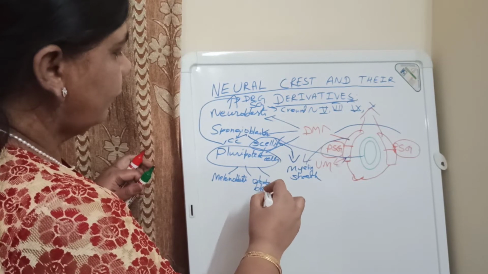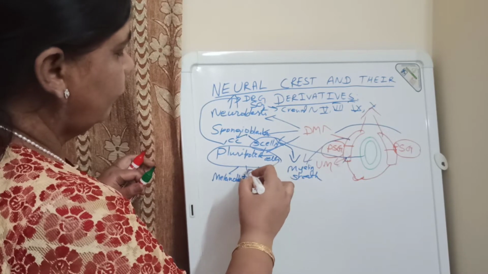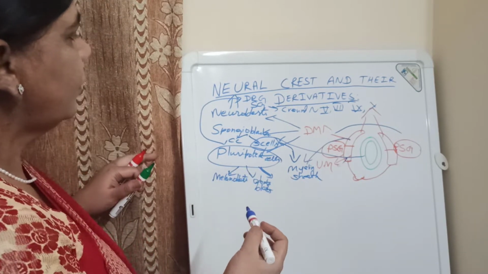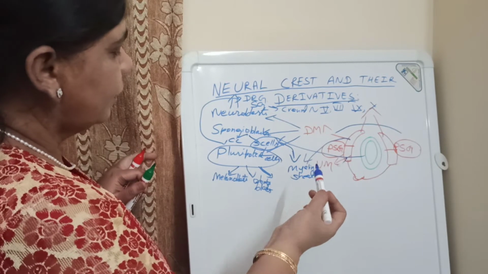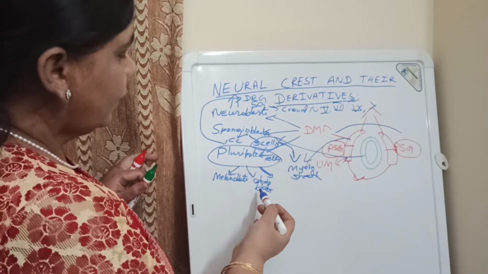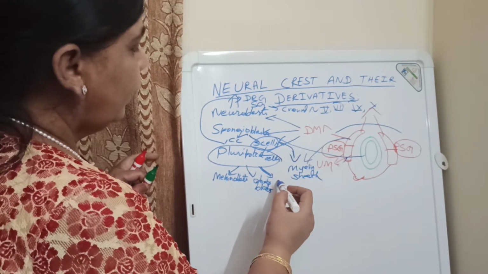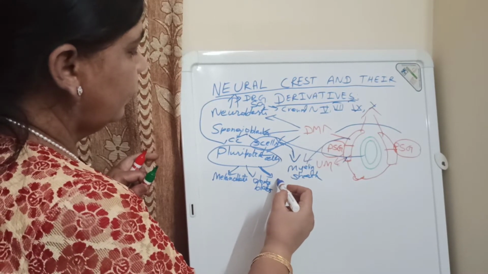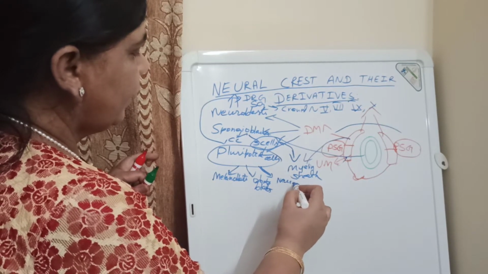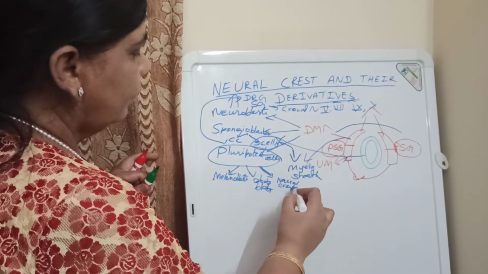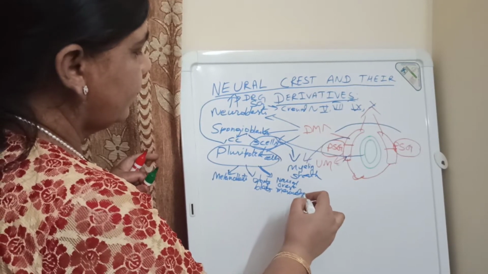Even this neural crest cell itself is a topic of research interest, because you can observe one side it is giving rise to neurons, another side it is giving rise to myelin sheath, one side it is giving rise to cells of skin, cells of tooth, and even, as you should have learnt in the development of the face, it gives rise to the neural crest mesenchyme, which is very important for the development of the pharyngeal arches.